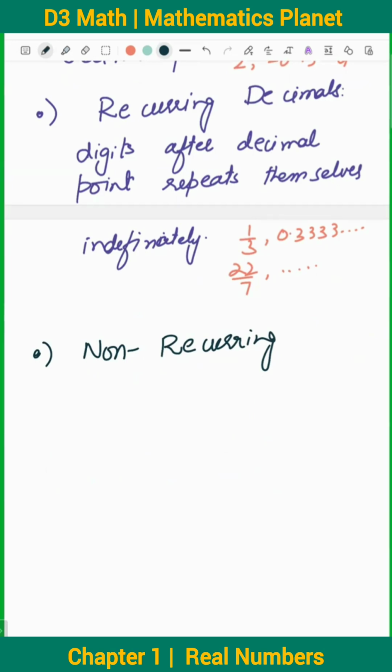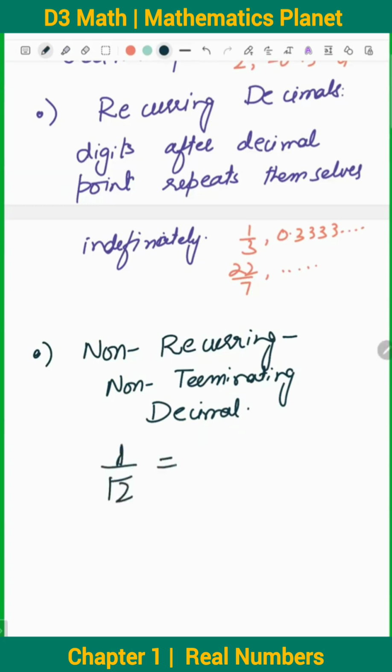So the next type of decimal is non-recurring, non-terminating decimal. What is a non-recurring and non-terminating decimal? The decimals of the type in which the numbers after the decimal point don't terminate and don't recur. For example, we have 1 by square root 2. What is the answer for 1 over square root 2 if you convert it into decimals?